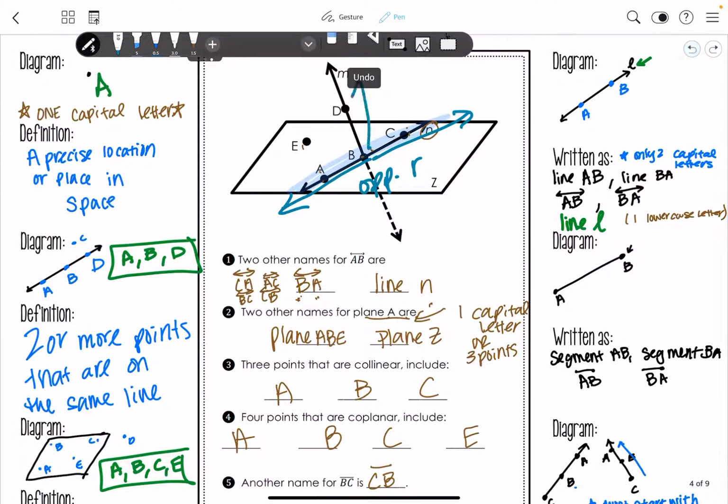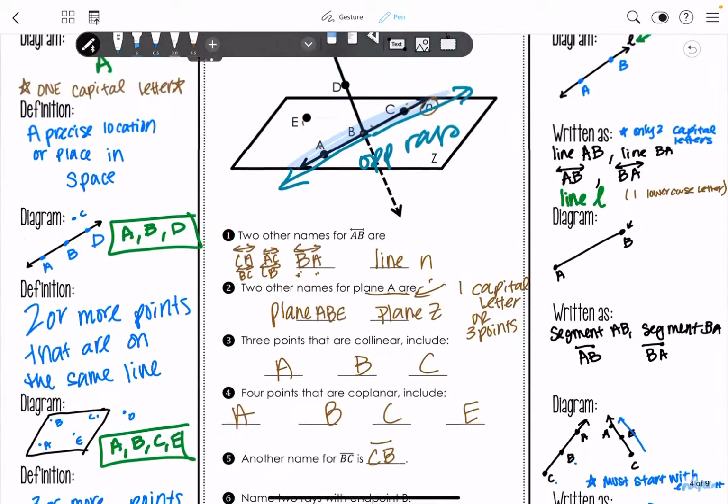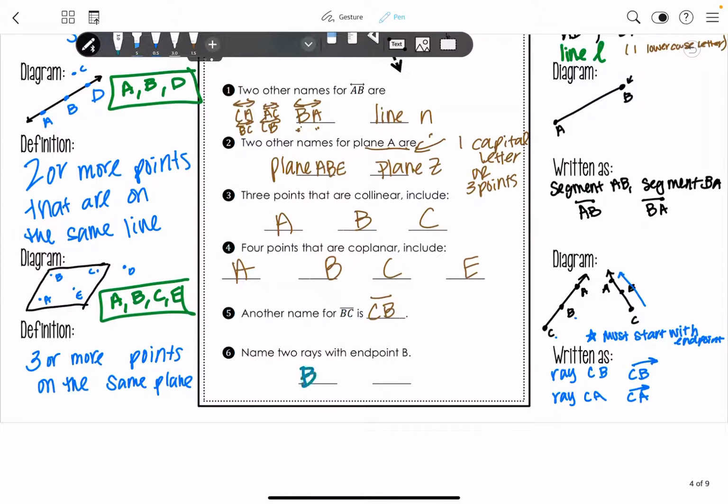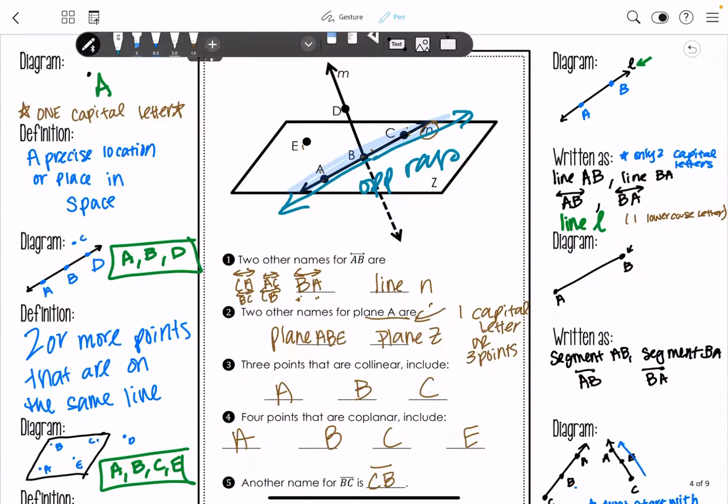Yes, ray BD is a thing, but that is not an opposite ray, and I wanted to show you opposite rays. I'm sorry. So I'm just going to write that in. And that's all I've got for you, right? Remember, planes intersect on lines or a line segment, because line segments are part of lines.